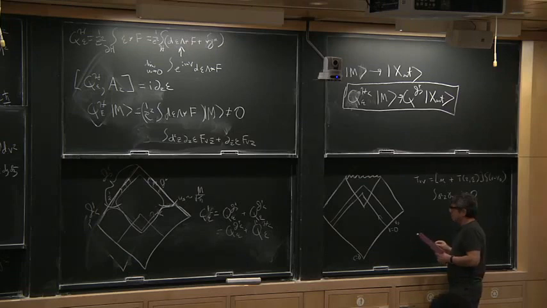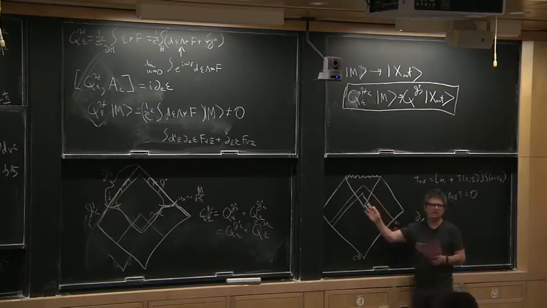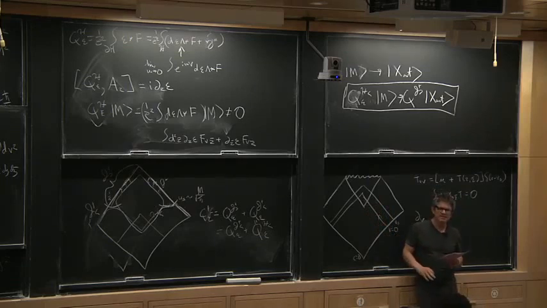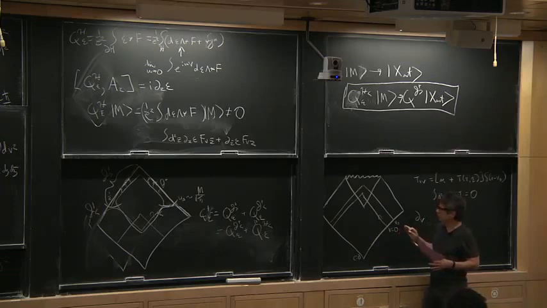OK. Now, the constraint equation. And as before, I'm going to linearize. In fact, it's an interesting thing. It's probably possible, and people have done things close to this, it's probably possible to analytically solve for a finite nonlinear solution corresponding to a shock wave that generates a supertranslation.